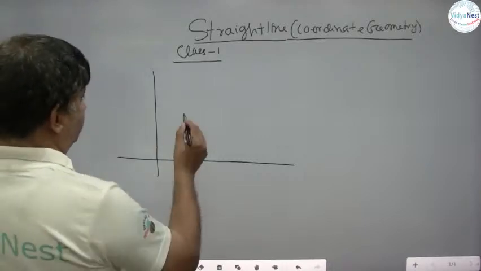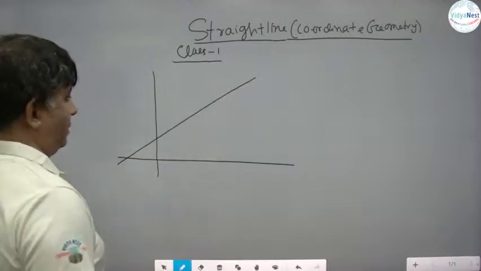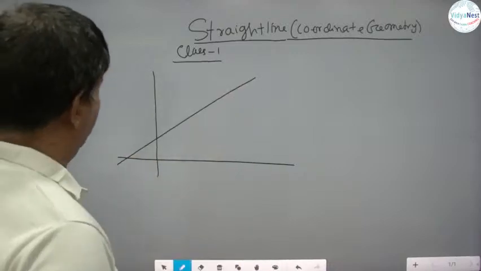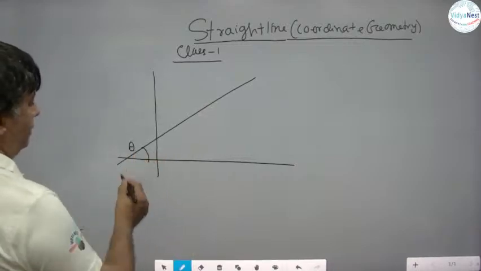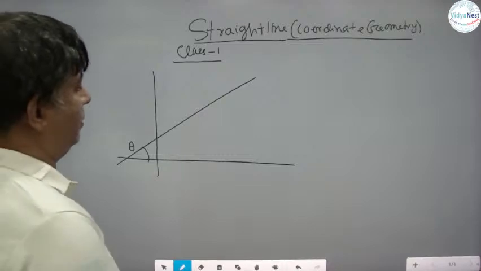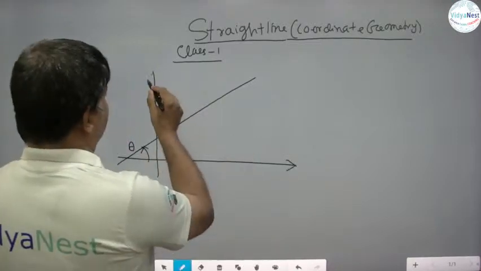See, this is a straight line which makes angle theta with positive direction of x-axis, which means theta is rotated anti-clockwise.